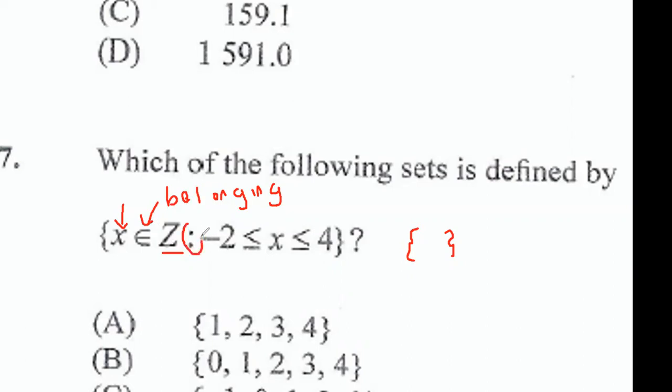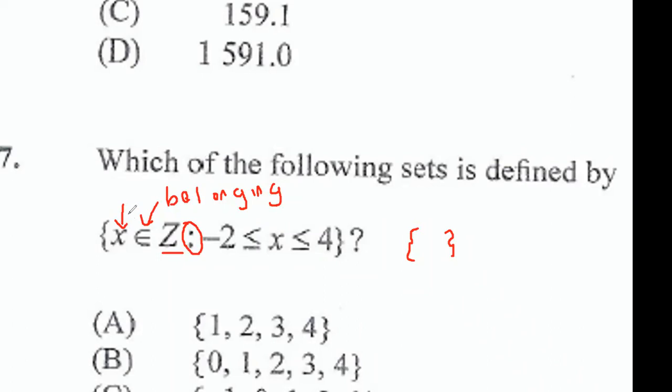And this colon here, what does this colon mean? Anybody? That colon means such that. Such that, and you jump to this x, such that x is less than or equal to 4 and greater than or equal to -2. That's how you sum up this entire mathematical sentence, right?